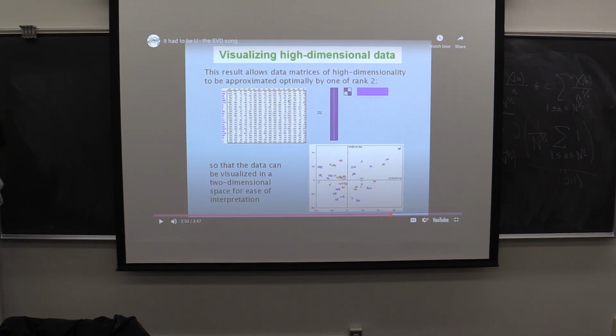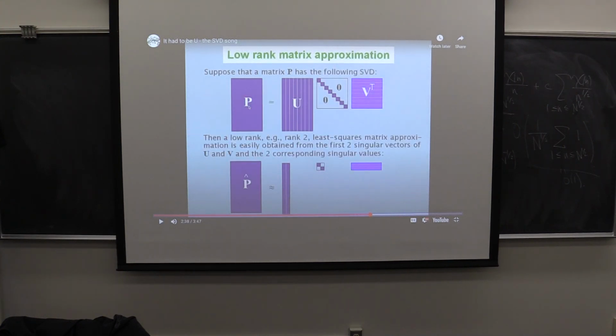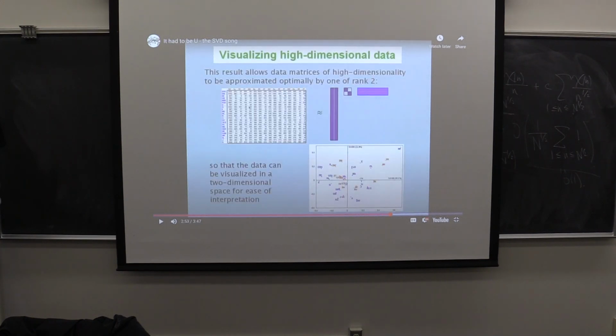So what they do is they use the singular value decomposition and then create a rank 2 matrix that basically gives a pair of coordinates. The coefficients for the linear combination.